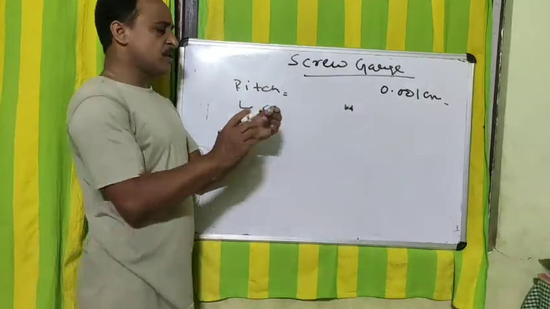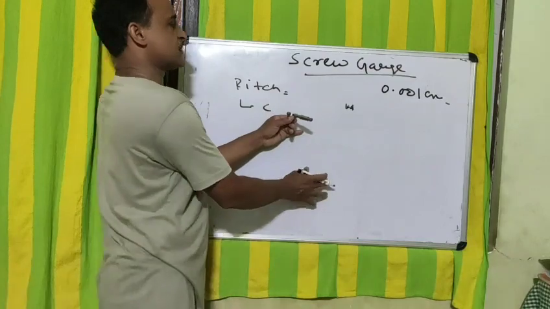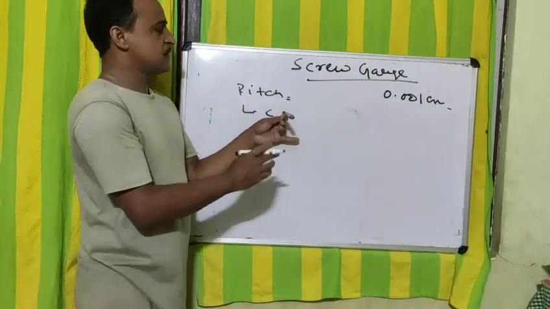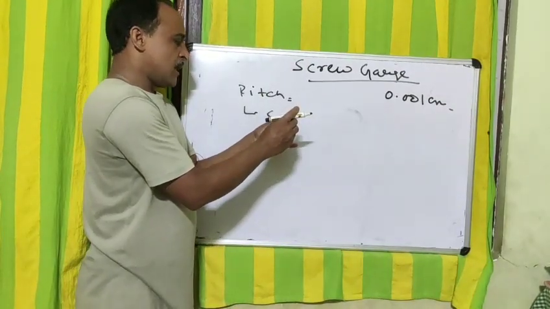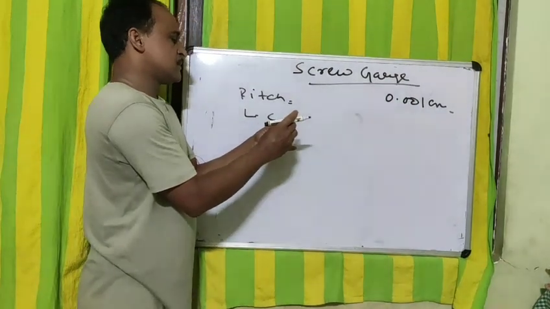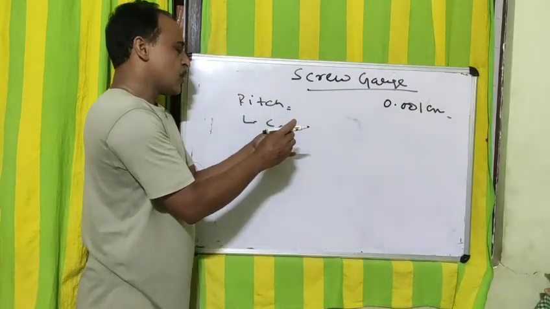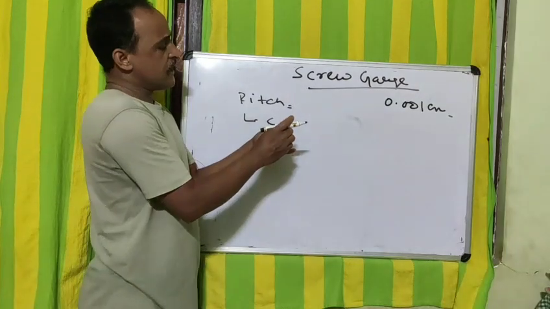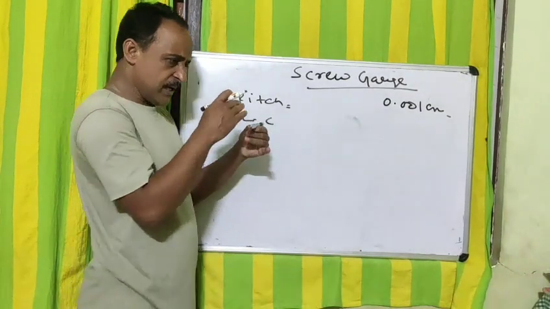But how do we find the pitch of a screw gauge? The pitch of the screw gauge is the distance moved by the screw in one complete revolution.